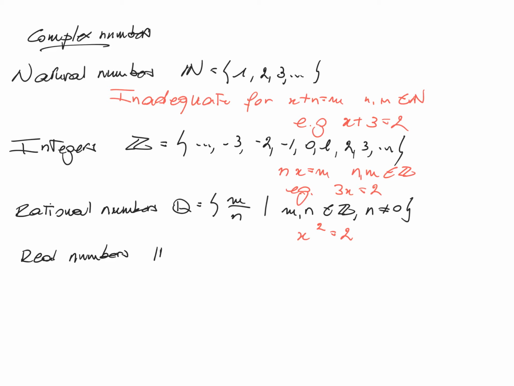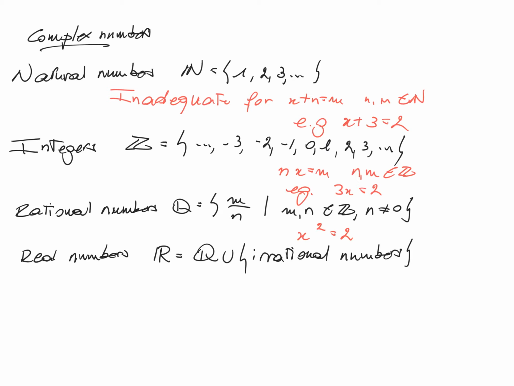So the real numbers are the set Q of the rational numbers, together with all the irrational numbers, so every number that cannot be expressed as a fraction m divided by n.